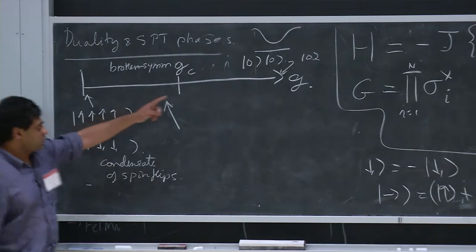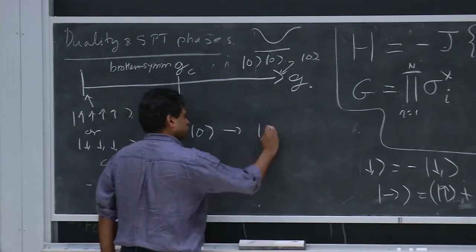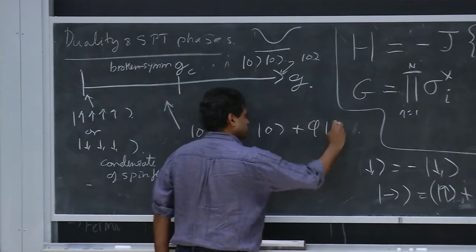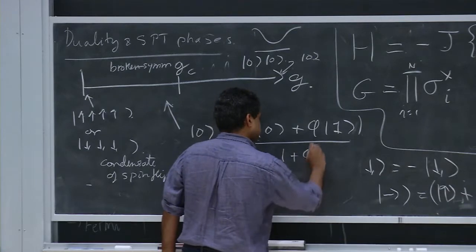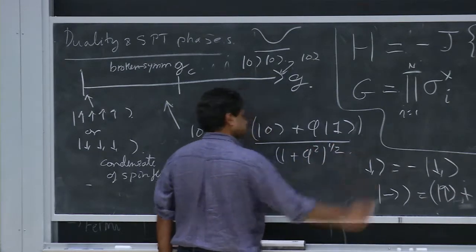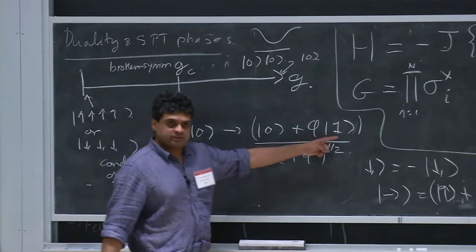So how do you go from here to there? Basically what happens is that your state 0 goes to a superposition of 0 and 1. That's like a simple caricature of this ground state. And when you do this, you actually break the Z2 symmetry.